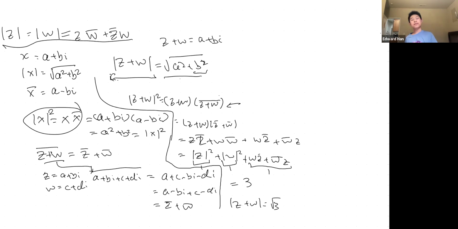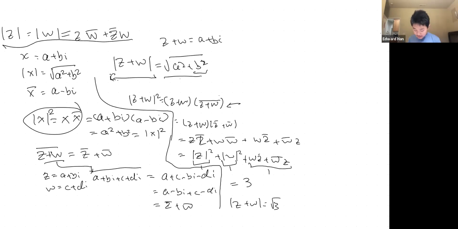So right now we have found that the magnitude of z plus w is a constant number, and it does not depend on a. So now we can assume that b squared is equal to 0, and assume that changing the value of b does not affect this magnitude.